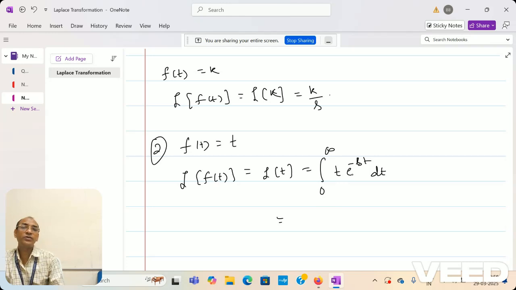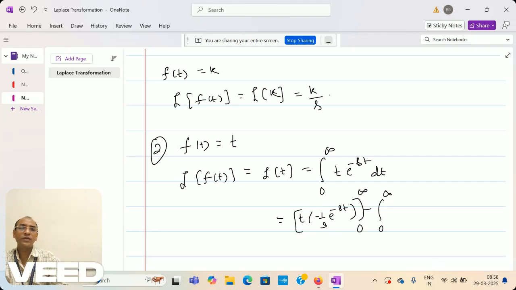t will be the first function, and e to the power minus st will be the second function. We get the first function times the integration of the second function, which is minus 1 by s e to the power minus st, minus the integration from 0 to infinity of the derivative of the first function, which is 1, times the integration of the second function, which we already found, 1 by s into e to the power minus st dt.